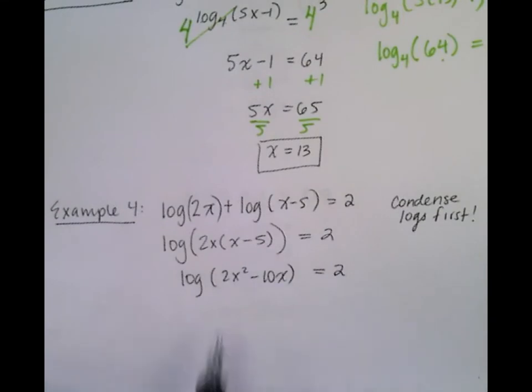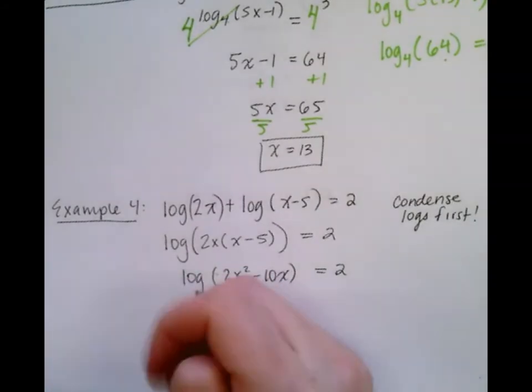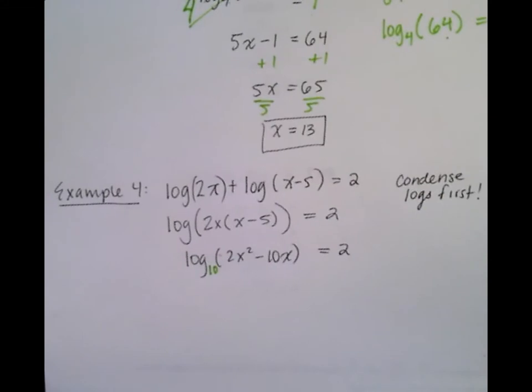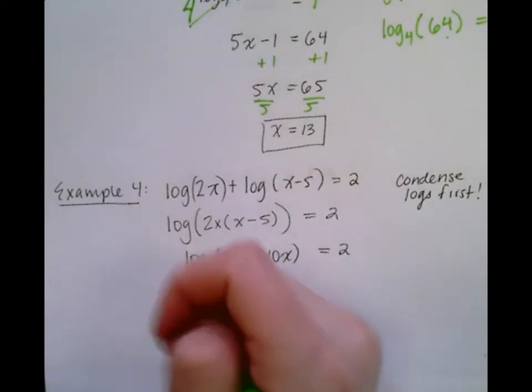Okay, so now at this point, I'd like to get rid of my log so I can then just solve for the x's inside. So the idea is, remember that this has a base of 10. If I don't see a number, it's a base 10. So in order to undo log base 10, I'm going to have to do 10 to that power.